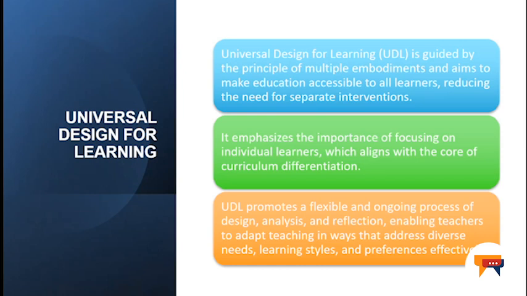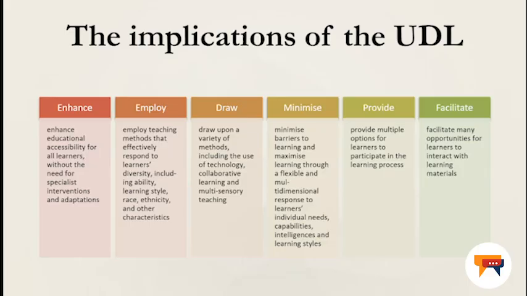Therefore, UDL promotes a flexible and ongoing process of design, analysis, and reflection, enabling teachers to adapt teaching in ways that address diverse needs, learning styles, and preferences effectively. Let's look at the impacts of the UDL.